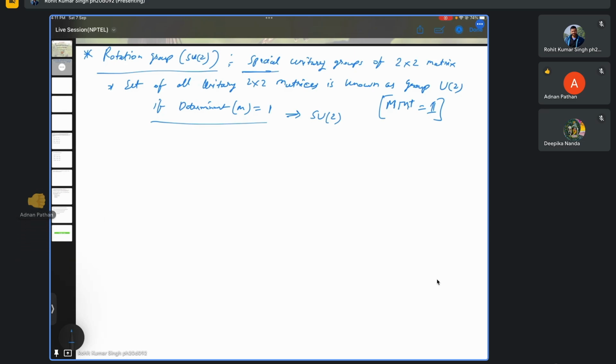Now there are some mathematical structures assigned to the group. I'm not going into much detail of group theory, I just wanted to tell you some terms. There is something called the generator of a group.